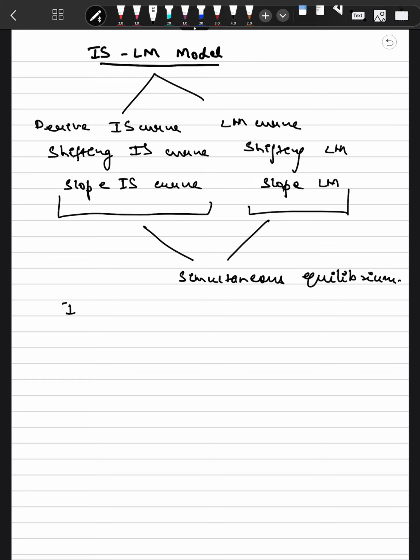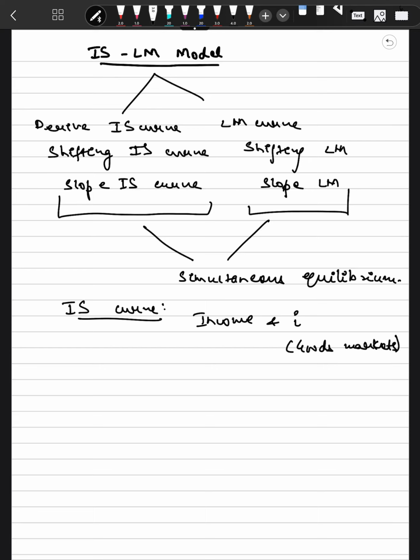Now when we say IS curve, there are certain important things to understand and the definition should be clear. The IS curve actually shows the different combinations of equilibrium of income and interest rate in the goods market. We have already done that broadly.